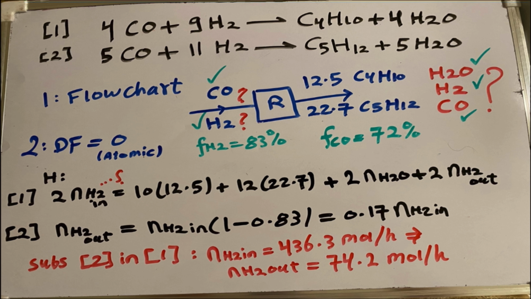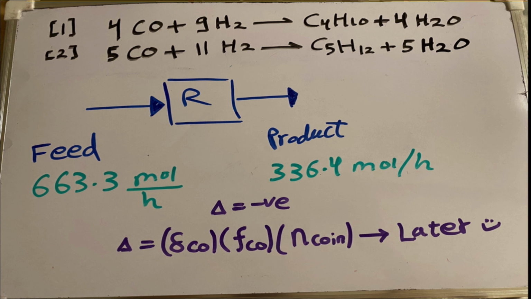We can use it to find the in and out of the streams for the hydrogen. Doing a final check to see the total molar flow rate that will come in and leave the reactor, we can see that the total stream leaving is lower than that entering because of the shrinkage that came inside the reactor, which will be explained in reaction engineering.